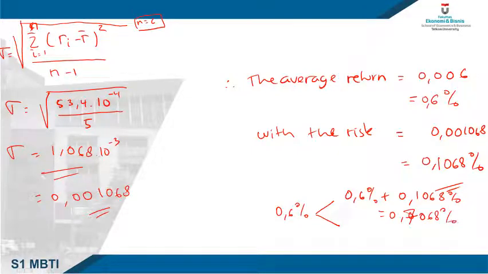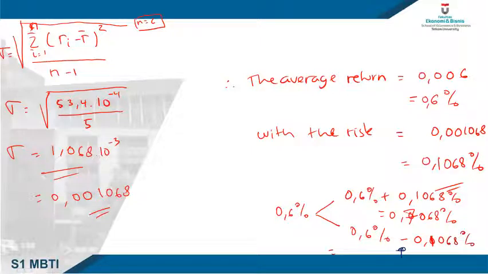So this is the maximum profit, and it will have a loss for the minus here. This is what we call risk, the minus over here. See? The lower bound is 0.6 minus 0.1068.